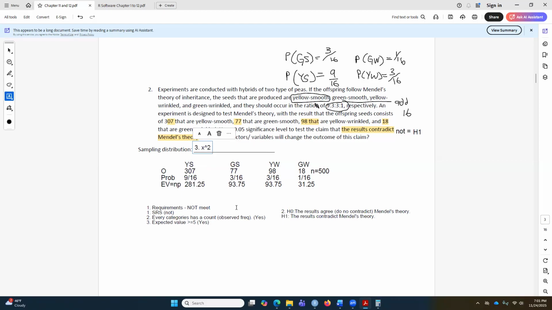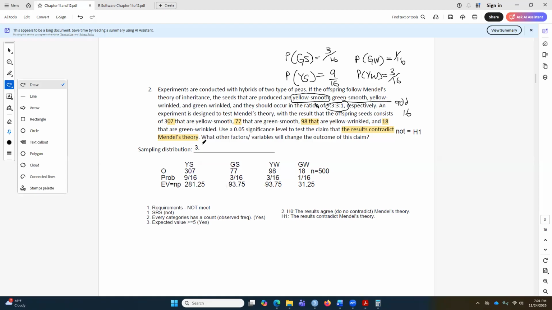Okay. The sampling distribution is chi-square. I'm going to write it out because I can write it out in here. I think I taught you how to write chi-square. Just write the 2 and a c-like form together and then square on it. Otherwise, if you want to be fancier, you just do a little curvy on the first one, and then on the next one you draw a straight line.